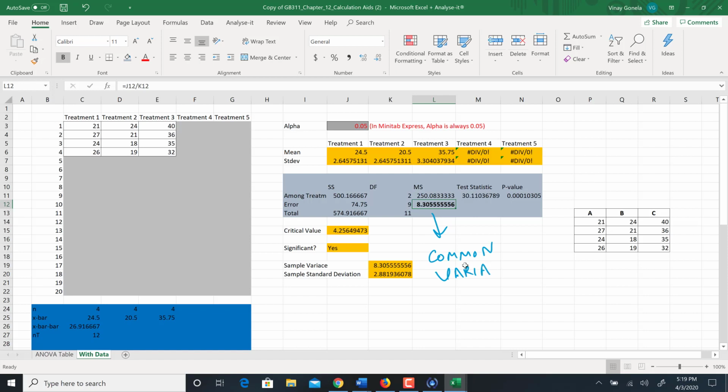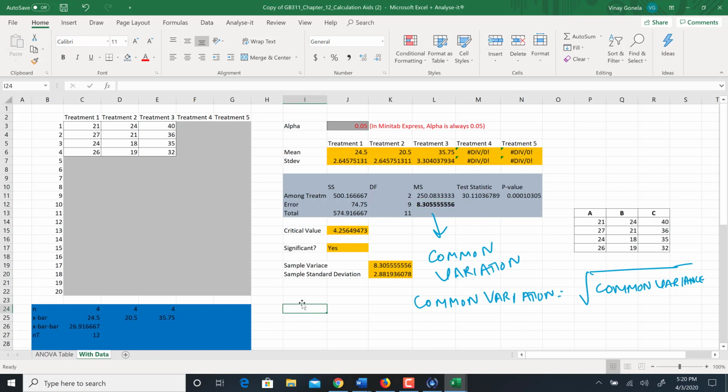So to calculate the common standard deviation, you take the square root of the common variance. I can do it somewhere here; this is the common standard deviation I am calculating.